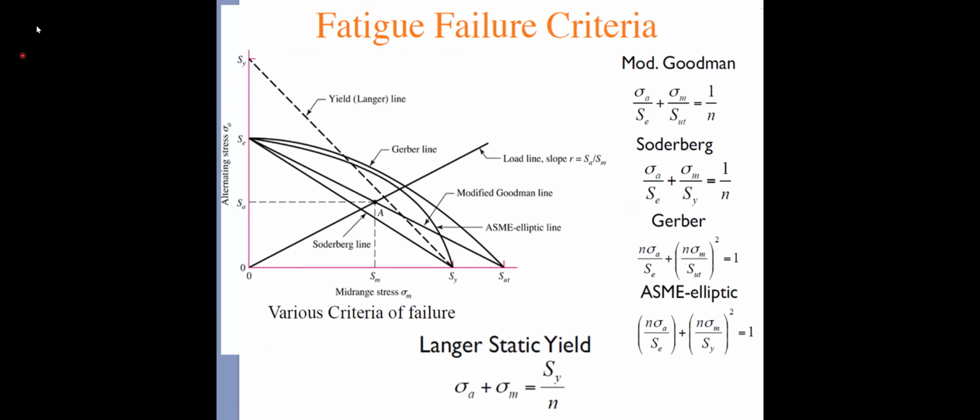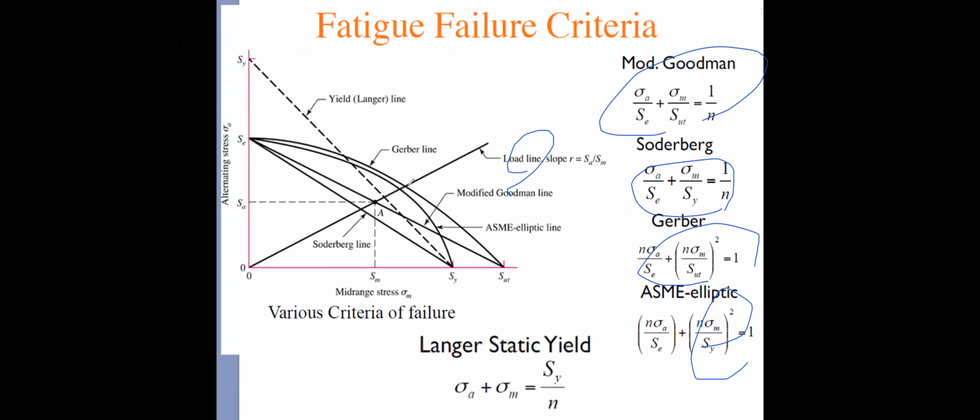I have one slide to show you the different curves corresponding to the different failure criteria: Goodman, Soderberg, Gerber, SME, and so on. This is our load line. We can figure out the intercept with the different failure criteria.